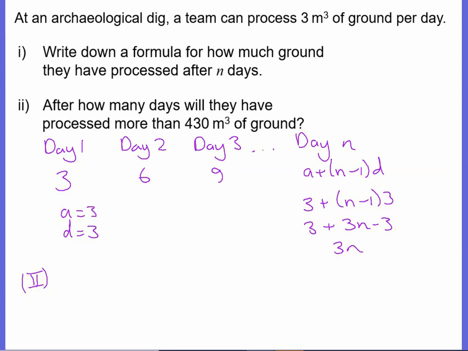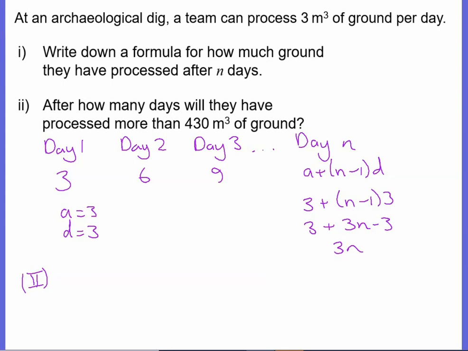So how many days will they have processed more than 430 cubic meters? Now you may think this next question is quite straightforward, but I think it's tricky because it's the language of the question that's a little bit ambiguous for me. So when I read that, my first thought is the temptation is to find the sum, and that's how far we've got.